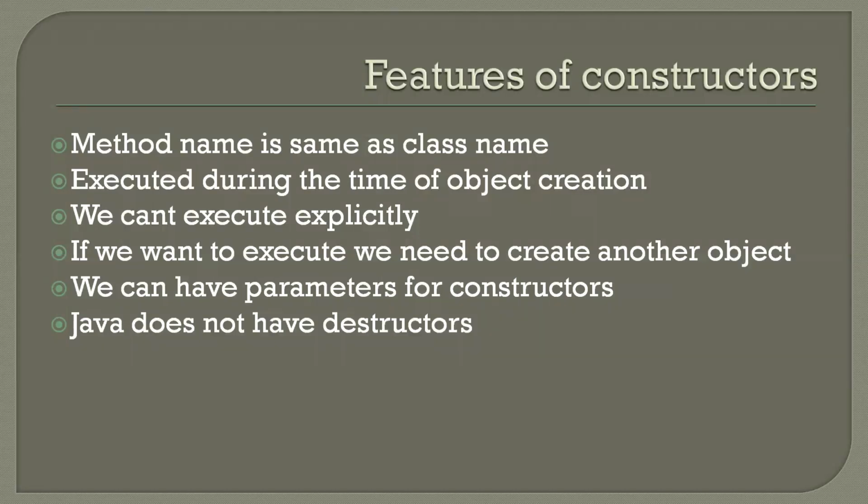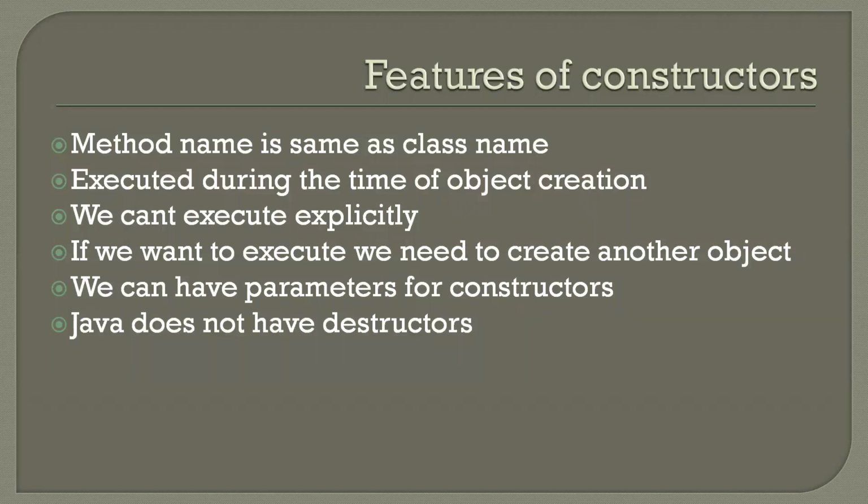But what happens in case of Java? In case of Java, constructors are used to create, but there is no need of destructors because Java follows garbage collection. The things will be automatically deleted after their use in the program.